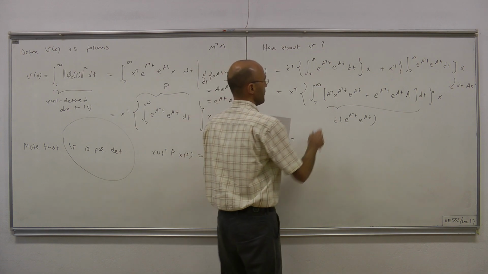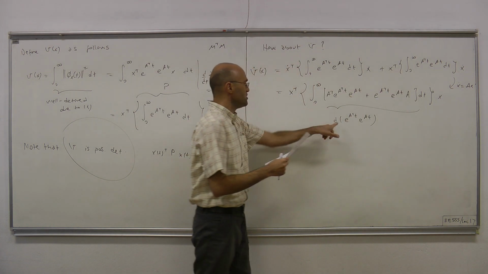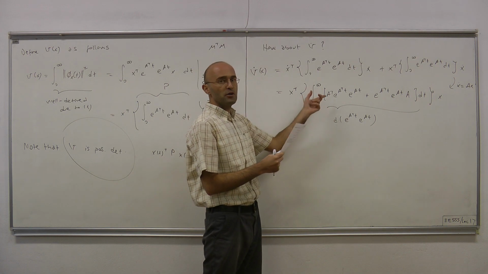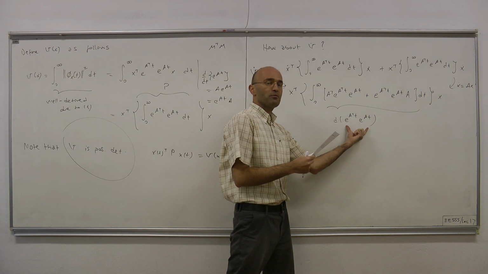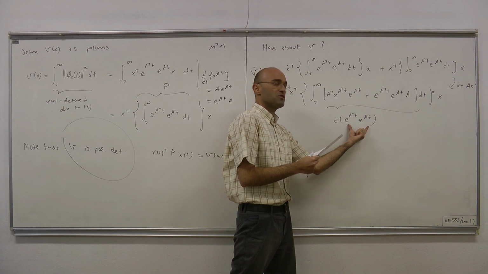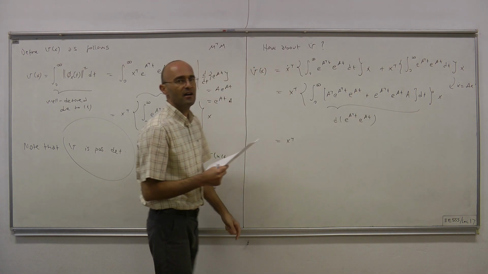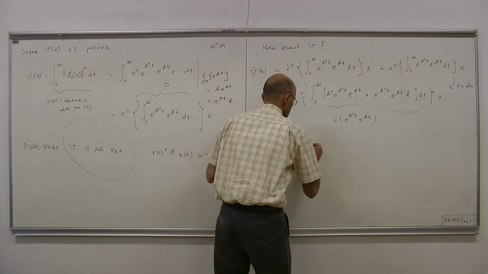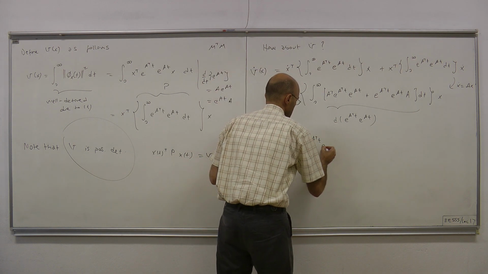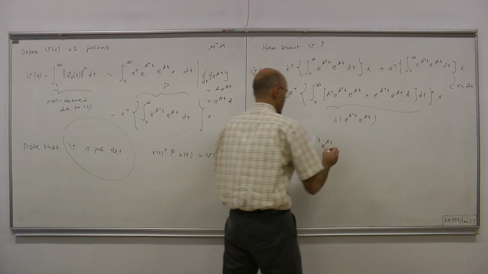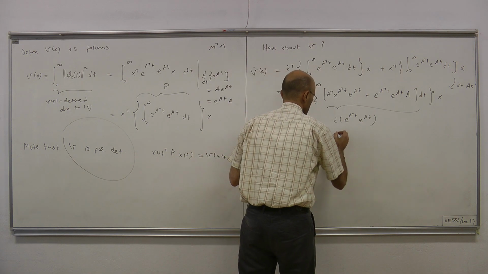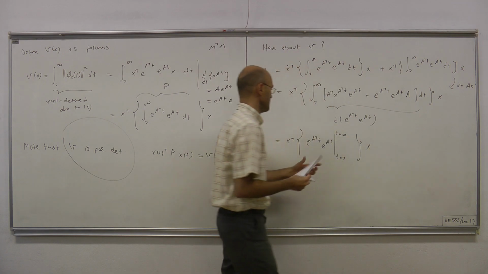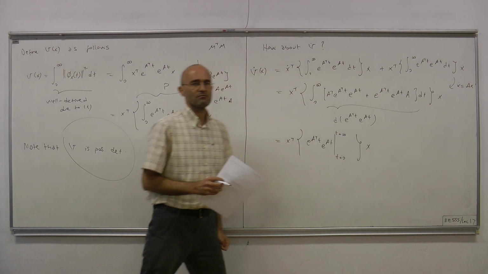Okay. Hence, we can write x transpose. Now, this thing here is d of something. Therefore, clearly, when you take the integral, what you obtain is this thing, whose derivative appears as the integrand. Hence, we have x transpose times e to the A transpose t e to the A t, evaluated from t equals 0 to t equals infinity, this matrix times x.